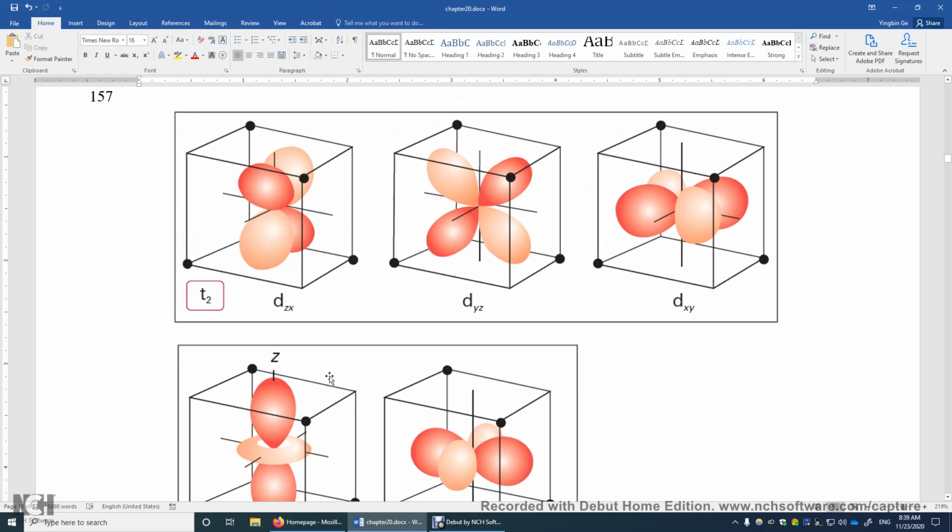Why is that? Again, in crystal field theory, we just model the ligands as negative charges, 1, 2, 3, 4. And then we'll just look at the distance between the lobes of the d orbitals and those negative charges. So over here, let's say this lobe is roughly here. The distance between this lobe and this negative point charge is roughly 1/2 of the side of the cube. Same here, roughly 1/2.